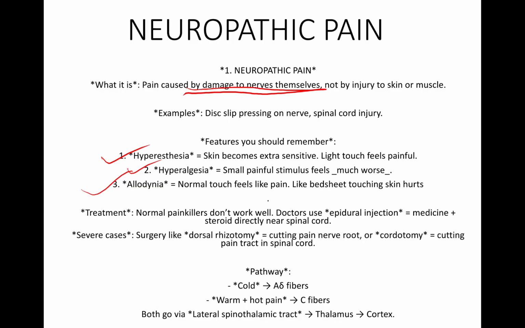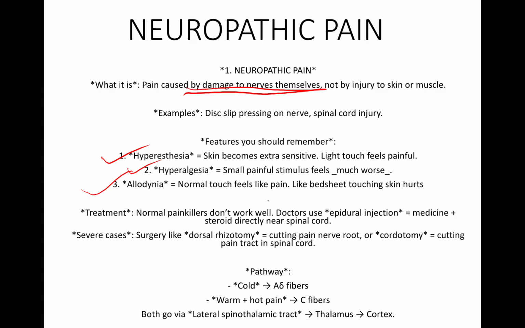Next is allodynia. Normal touch feels like pain, like a bedsheet touching your skin also hurts. All this happens because this is a neuropathic pain, when the nerves are damaged.